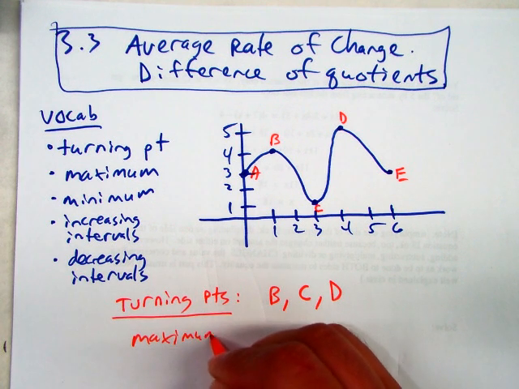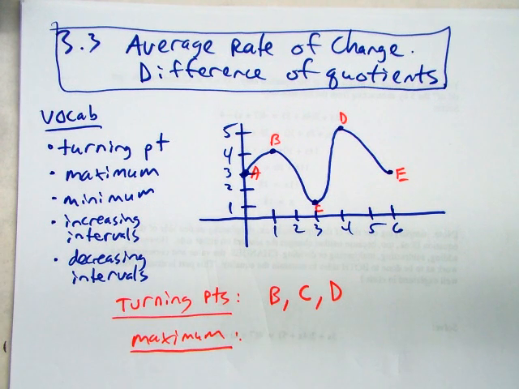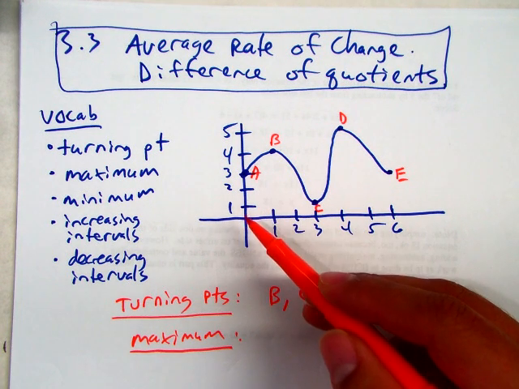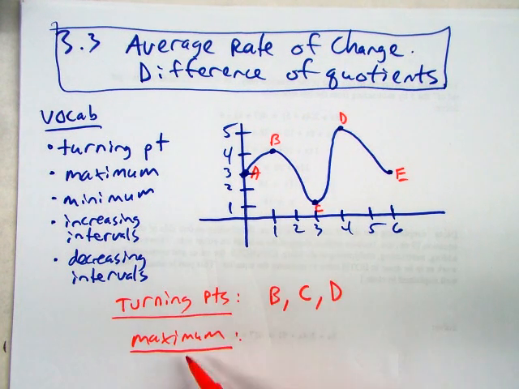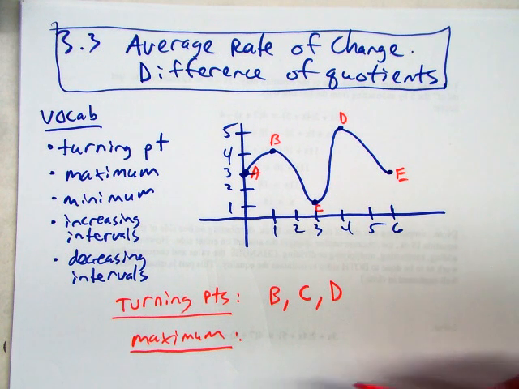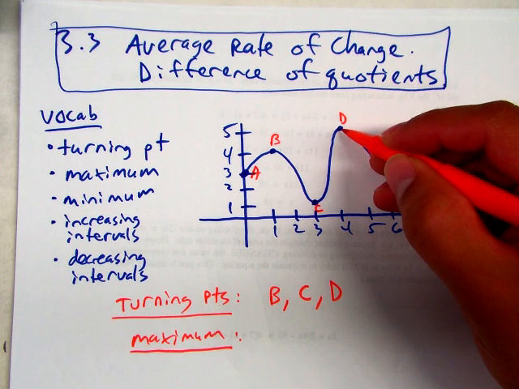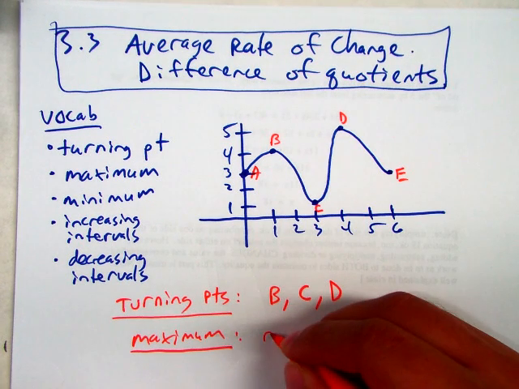Some graphs that go towards infinity or negative infinity don't have a max or a min, but this clearly is stuck between two values, right? What's the highest value that you see for this graph? 5. So it's the point D, but for a maximum, we always write the y-coordinate down.